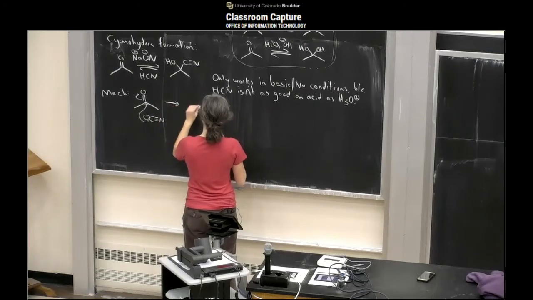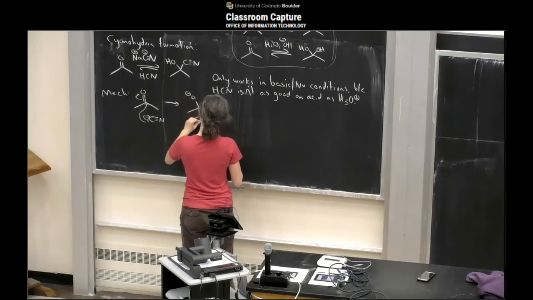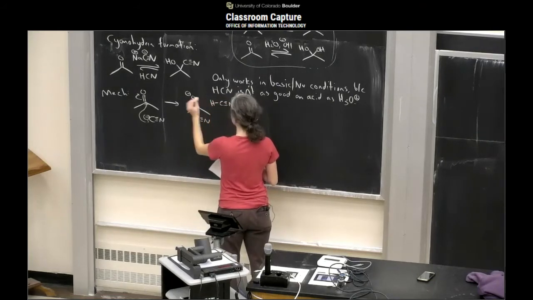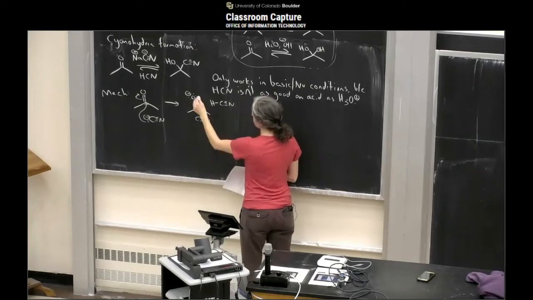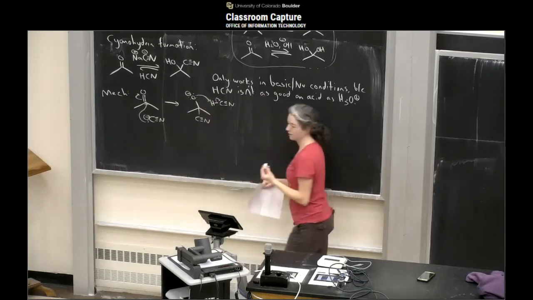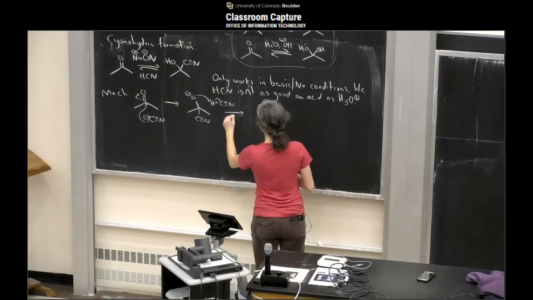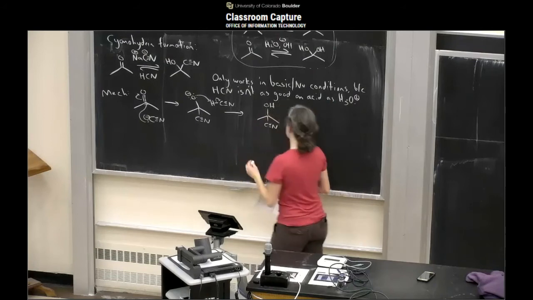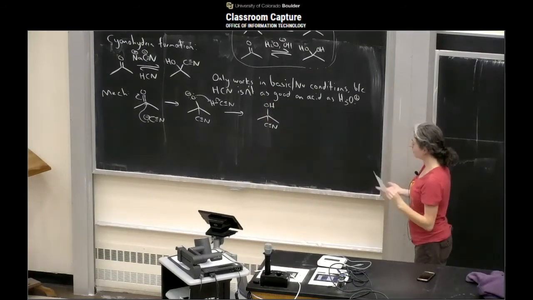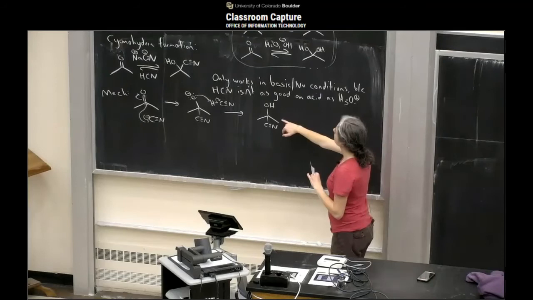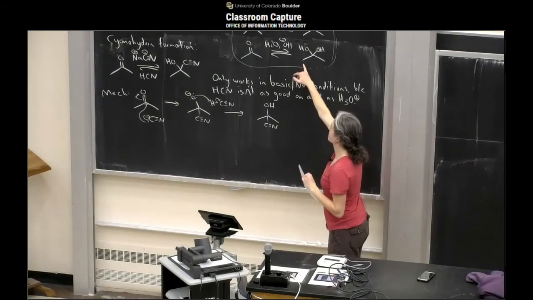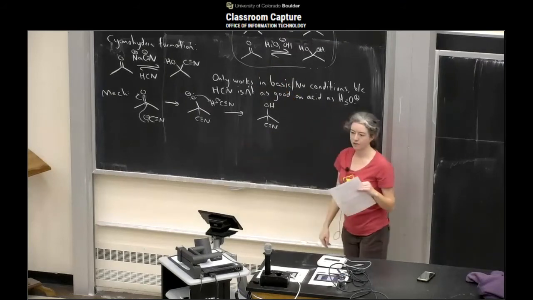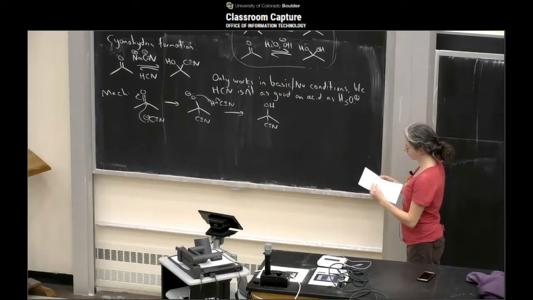And then you get to here, which can then take an H off of the conjugate acid of that nucleophile to give you the cyanohydrin. Okay, so exactly the same mechanism, or analogously the same, as base and water. It's just instead of an OH− starting things off, you have a CN− starting things off.